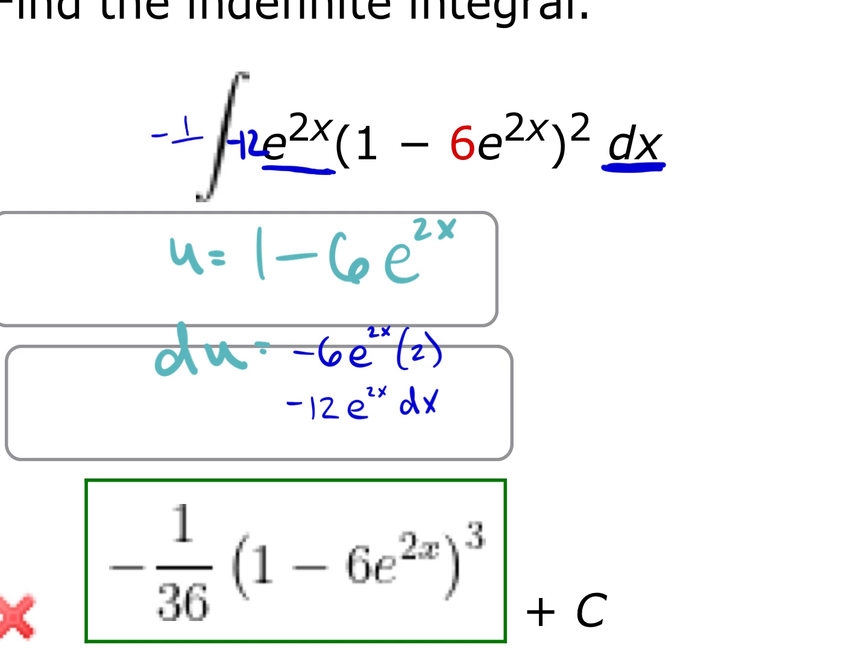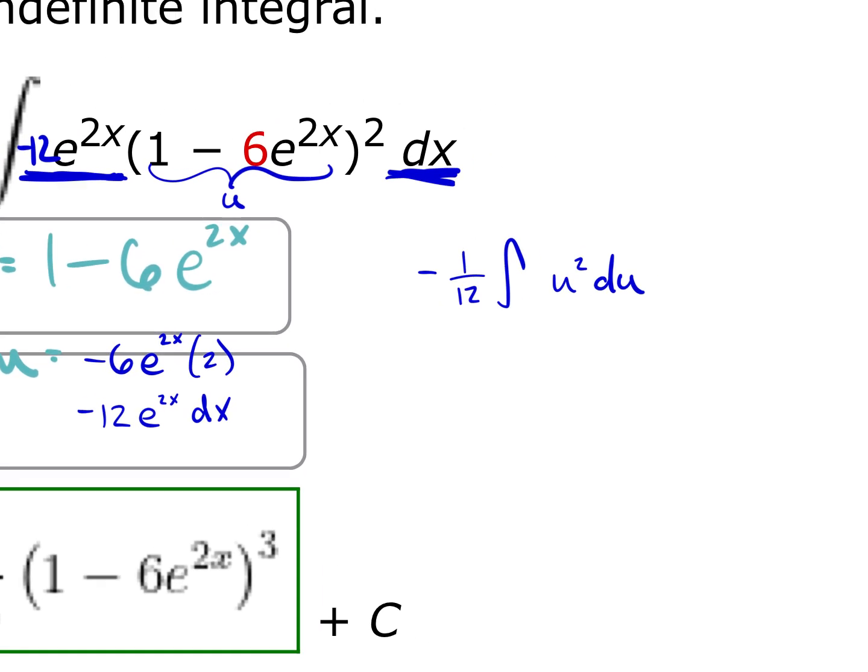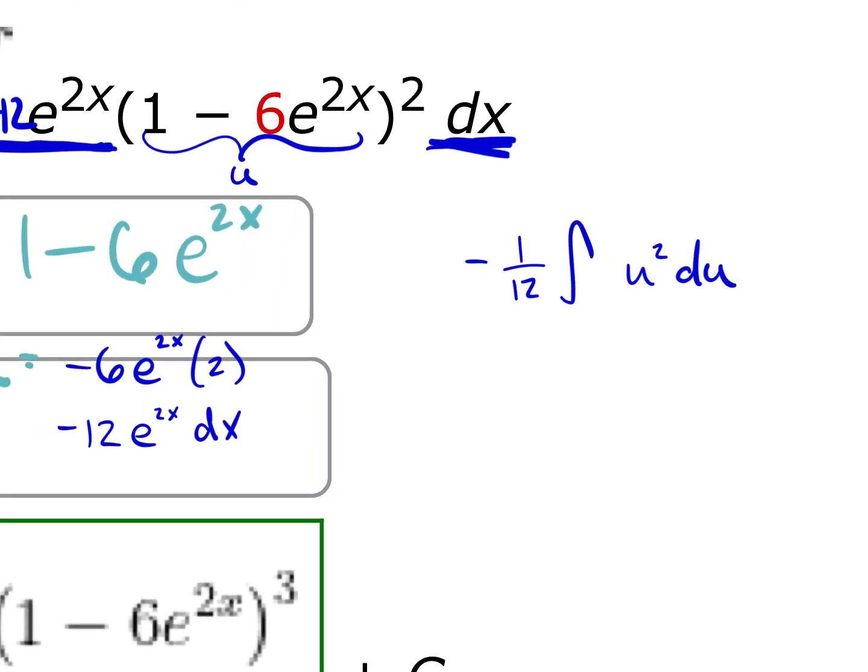So if I put a negative 12 in here, what else do I have to do? Put a negative 1 over 12 on the outside. So now negative 12e to the power of 2x dx is going to change to du, and 1 minus 6e to the power of 2x is going to turn into u. So we have negative 1 over 12 times our integral of u squared du. And what's our antiderivative of u squared?